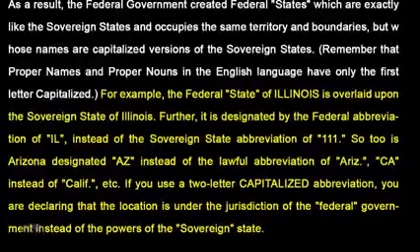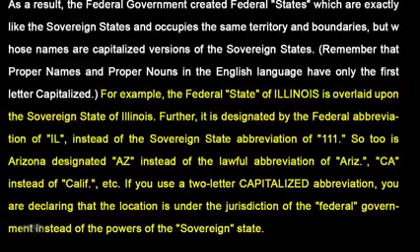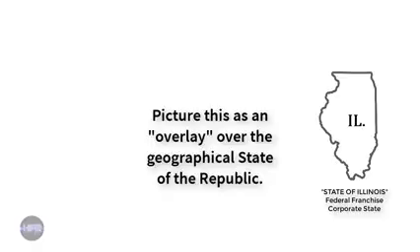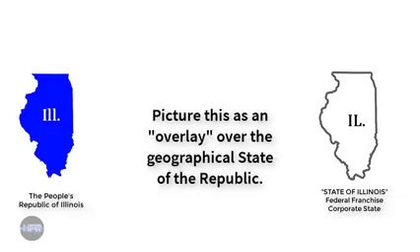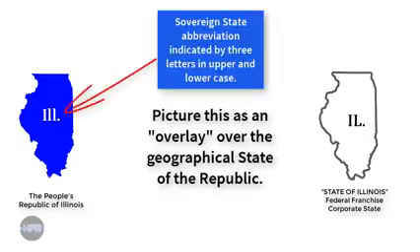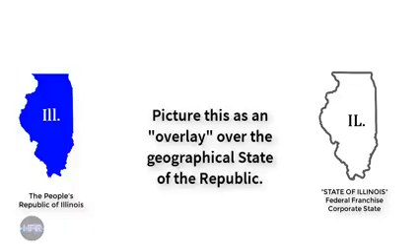Remember that proper names and proper nouns in the English language have only the first letter capitalized. For example, the federal state of Illinois is overlaid upon the sovereign state of Illinois. Further, it is designated by the federal abbreviation of IL in all capitals, instead of the sovereign state abbreviation of capital I, lowercase l. So too is Arizona designated capital A and capital Z, instead of the lawful abbreviation of capital A, lowercase r, lowercase i, and lowercase z.